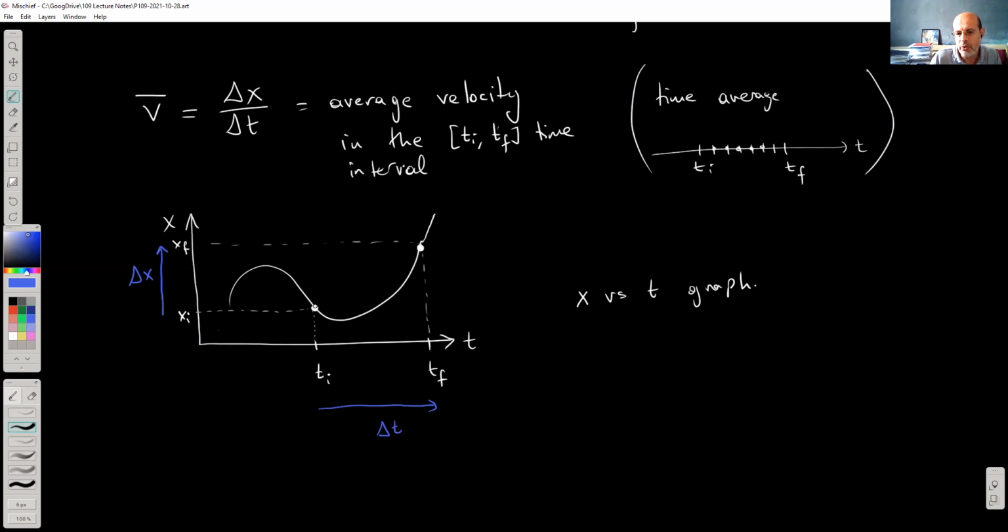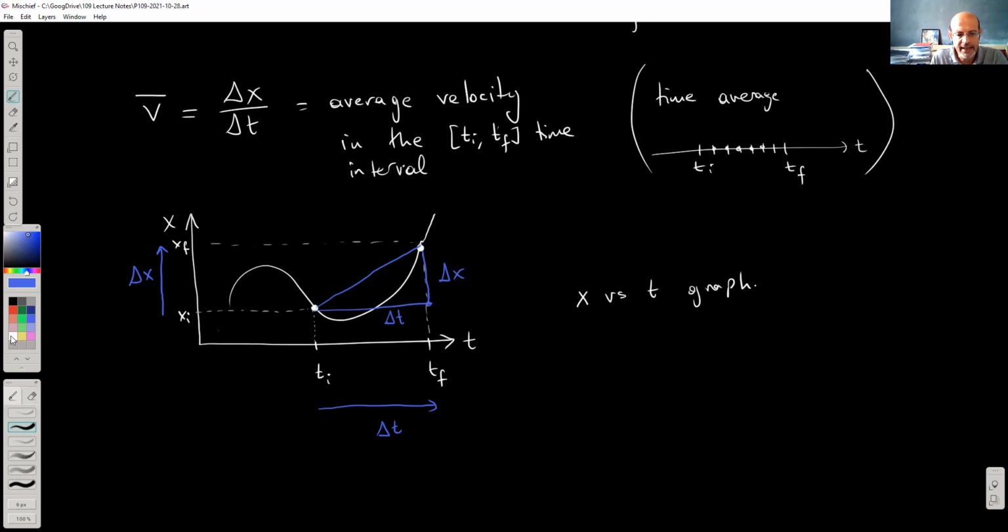If we then draw the line that connects these two points, then delta T is the horizontal part of that line, and delta X is that part of that line. Normally we choose delta T to be positive, but there might be some situations where it can also be negative. In all the applications, though, delta T will be positive, but delta X might be negative as well.